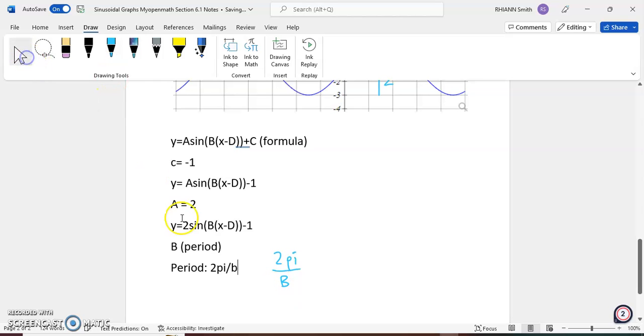Oh, that should be a capital B. I guess it doesn't matter which B you use. Personally, I like capital B's.